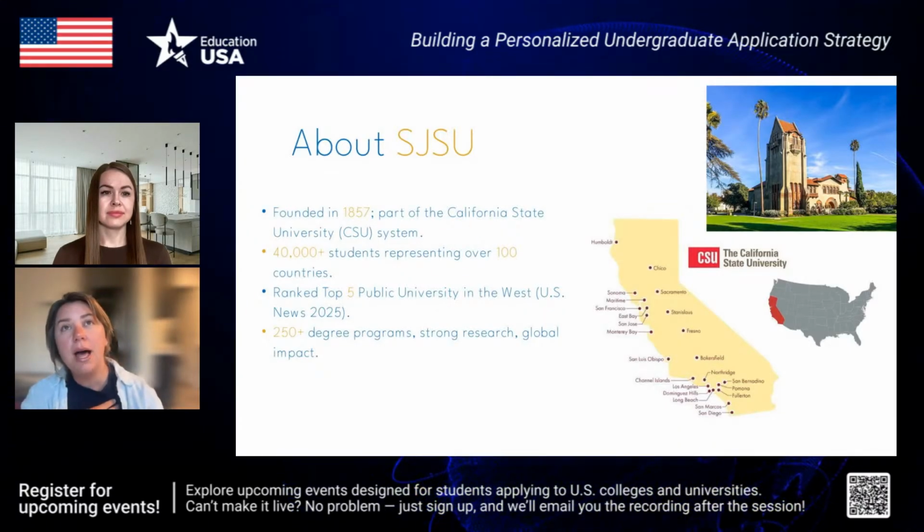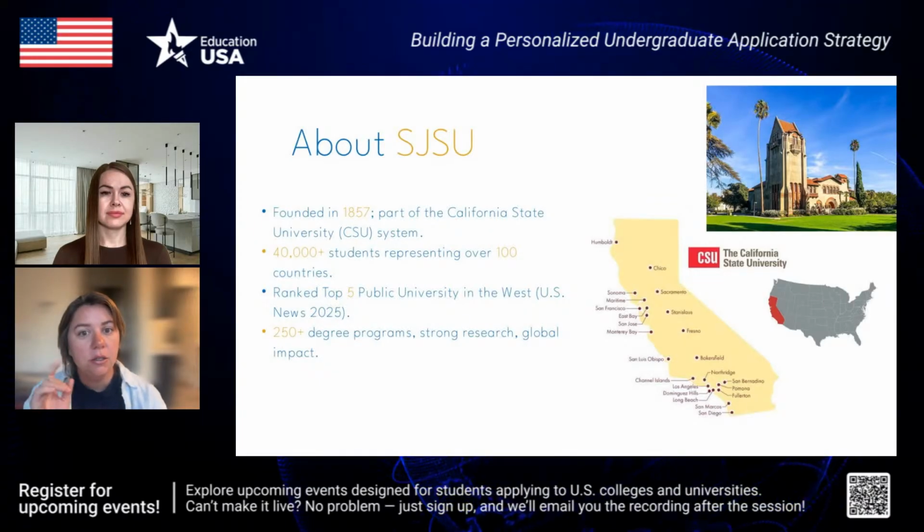When you apply to our university, you can also select other universities within the CSU system that you can apply to at the same time. So you don't have to keep doing so many different applications.